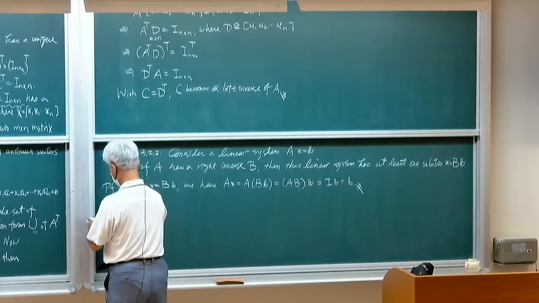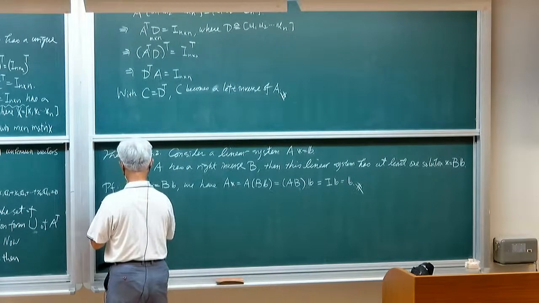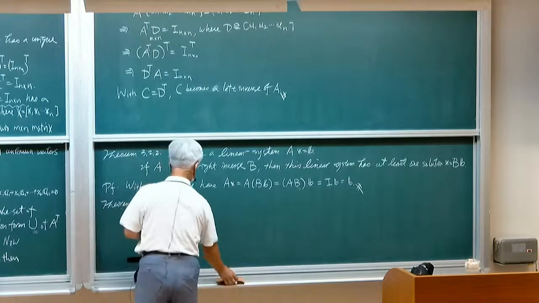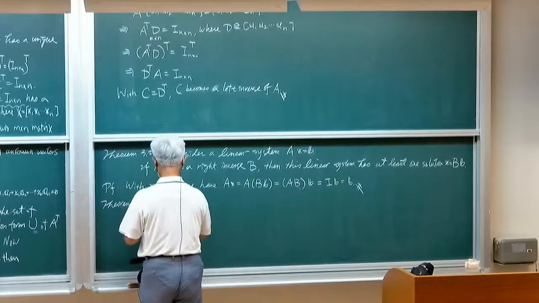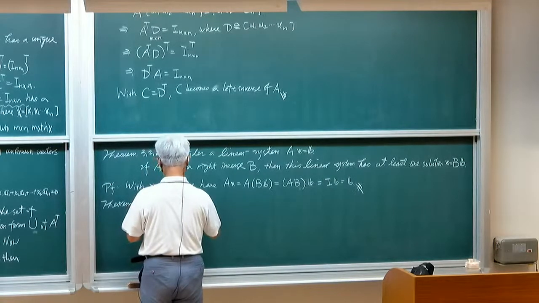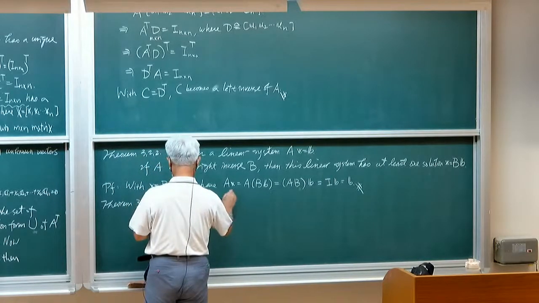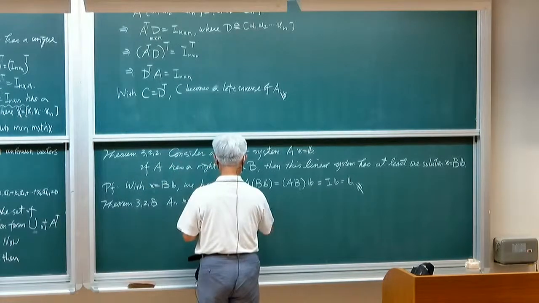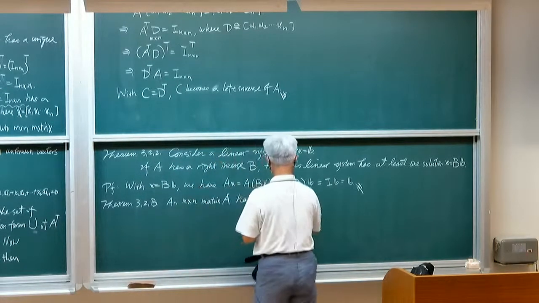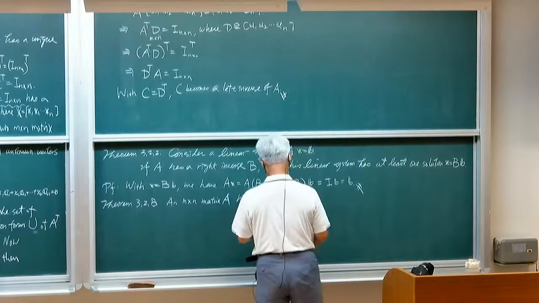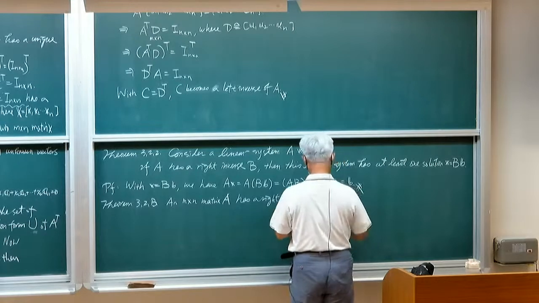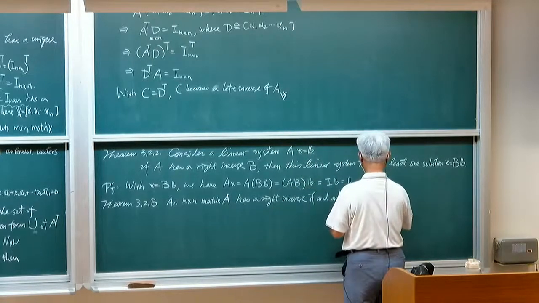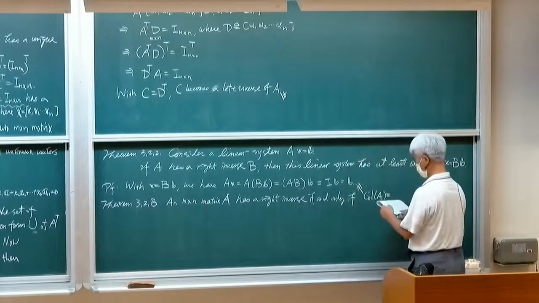So it is not surprising to have the following supplemental theorem, 3.2.b. An m times m matrix A has a right inverse if and only if the column space of A is equal to Rm.